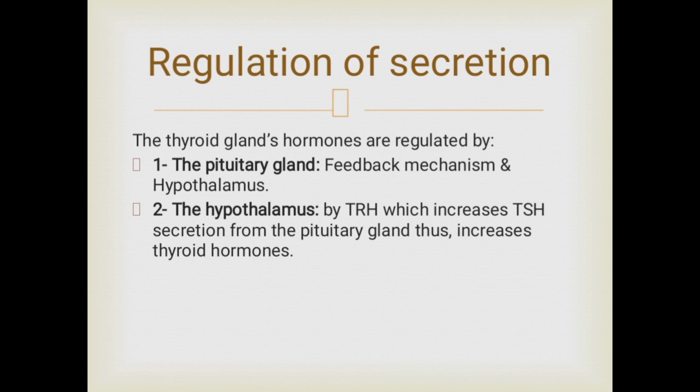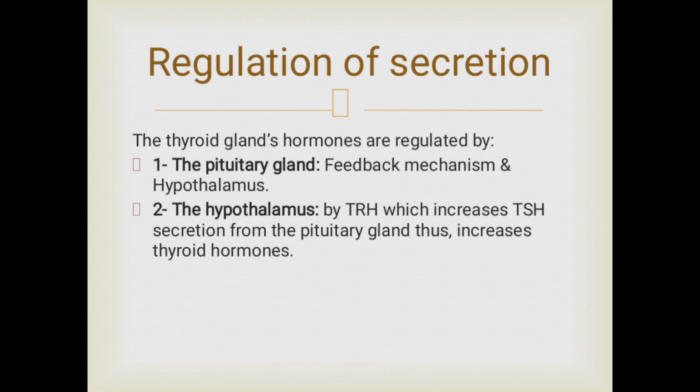How are they secreted? Now, the thyroid gland itself, we are saying the feedback mechanism and the hypothalamus. If there is an increase, let's say there are a lot of hormones in the circulation, there will be a negative feedback that will stimulate the hypothalamus. When the hypothalamus is stimulated, it is going to release a hormone known as the thyrotropin releasing hormone.